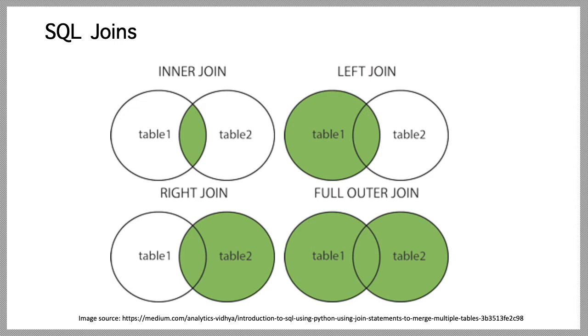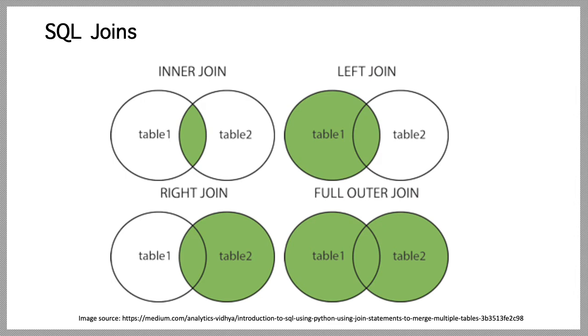The 4 types of joins that we'll talk about are the inner join, left join, right join, and full outer join. This looks a bit mathsy, I would say. Don't get scared. Just imagine that the circles in the slide are just tables.